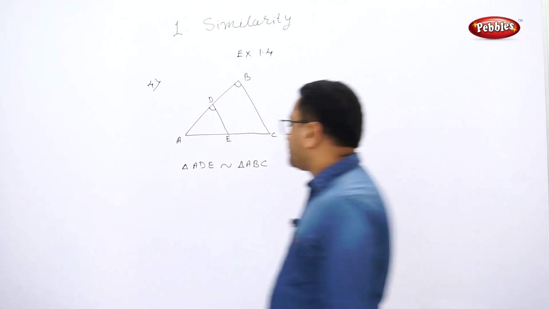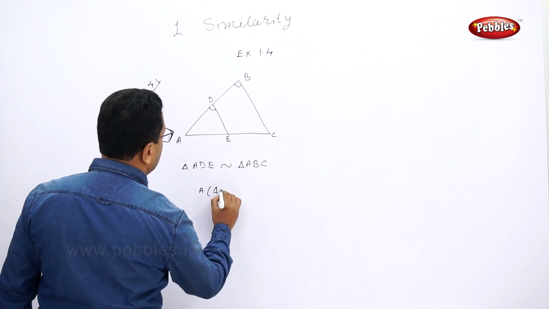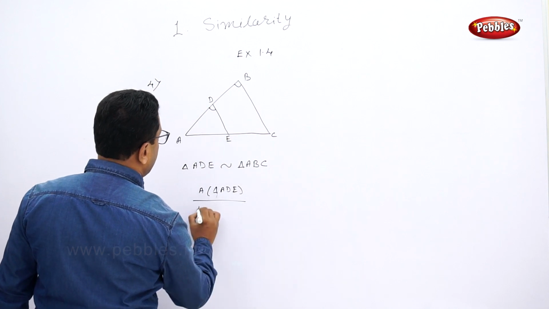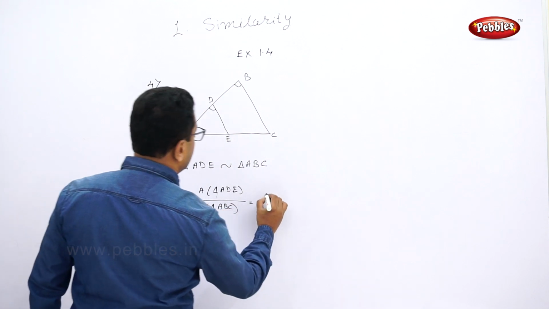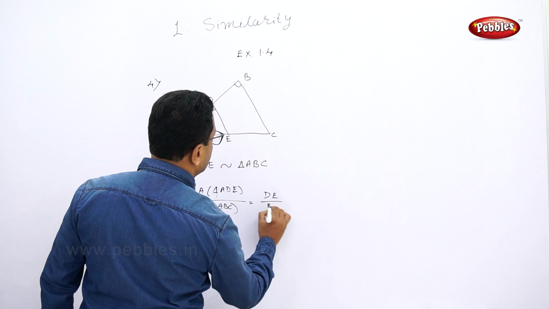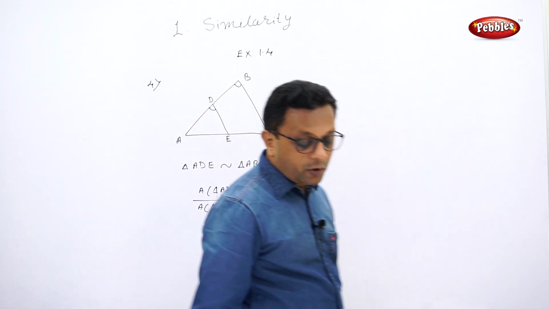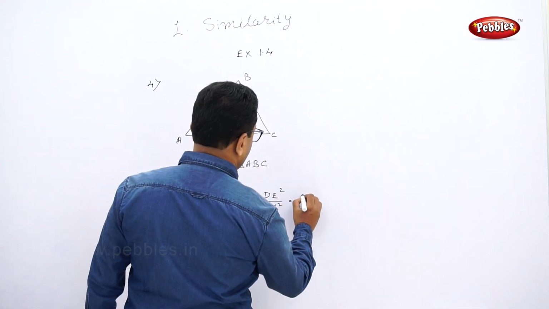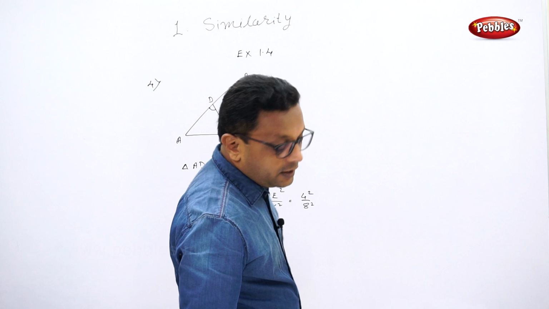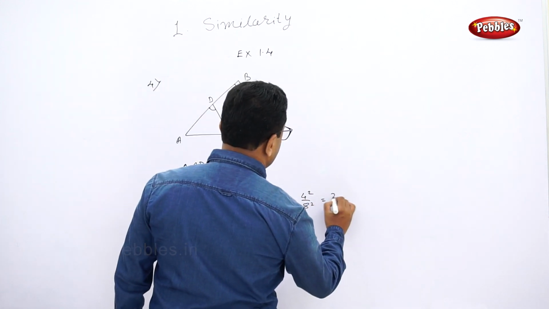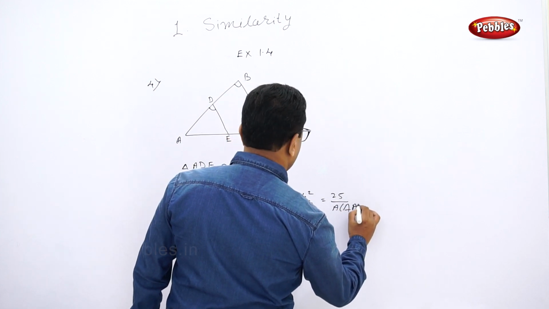So the first is area of triangle ADE upon area of triangle ABC is equal to DE square upon BC square, and DE and BC are given, 4 and 8. So 4 square upon 8 square, and here also ADE is given, 25, so equal to 25 upon area of triangle ABC.